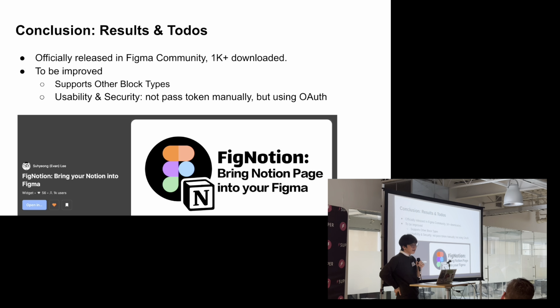And a Slack community has been created. There is still room for improvement, particularly in usability and security. Currently, users have to manually enter a secret token to connect their Figma to Notion. I plan to enhance this by implementing OAuth soon.